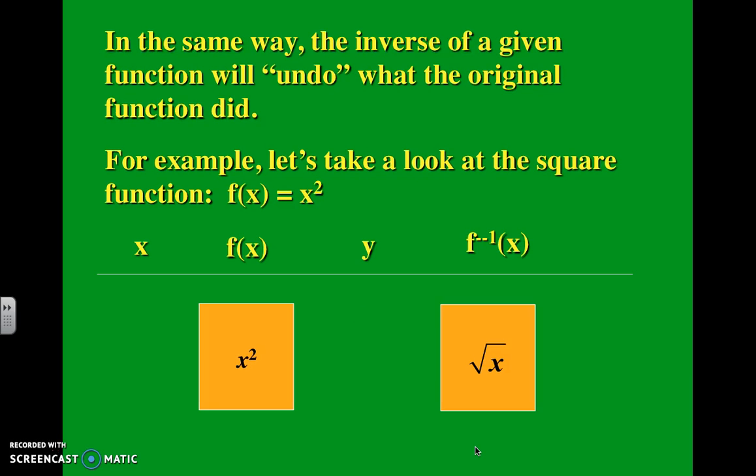Take 5. Regular function gives you 25. Inverse function gives you back 5 because you started with that. 11. Square it gives you 121. Invert, you get 11. So again, start with any number you want. The function does something to it. The inverse function returns your original number. That's it.